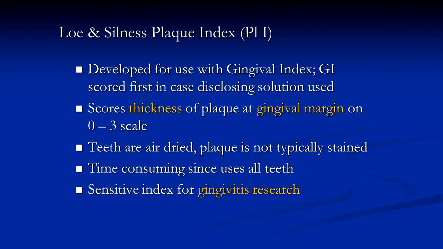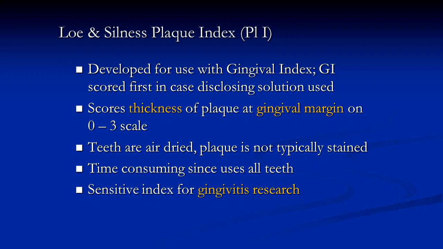It is a sensitive index because you are using all of your teeth there, and you're using 4 surfaces of the tooth and determining plaque retention. But it is somewhat difficult to use epidemiologically because air drying out in the community is hard, and it uses all the teeth. So it takes a lot of time to be able to do the plaque index here.